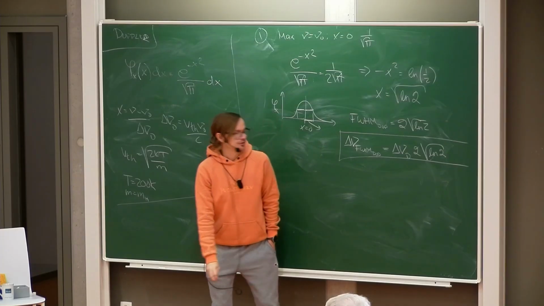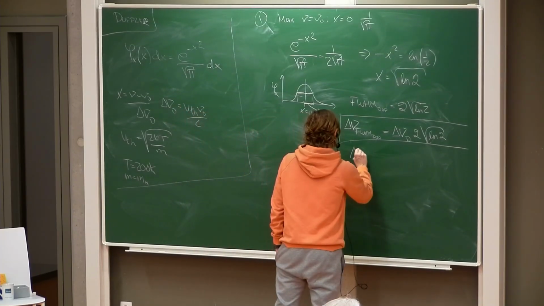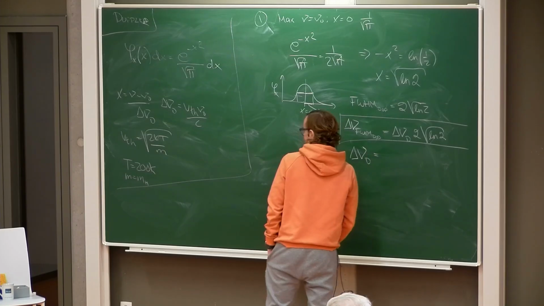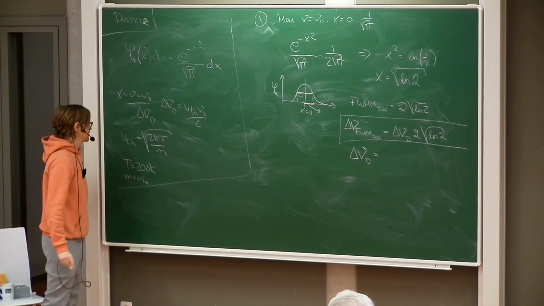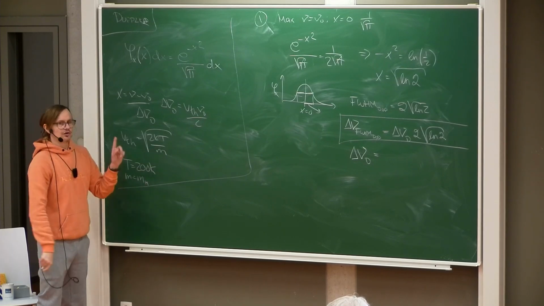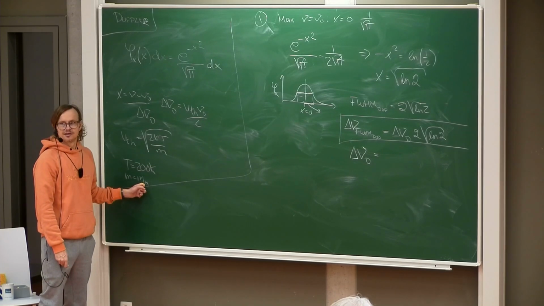Now we have to calculate that. So first we need to calculate delta nu Doppler by plugging in these two values, keeping track of our units. We look up the hydrogen mass in our lecture notes.